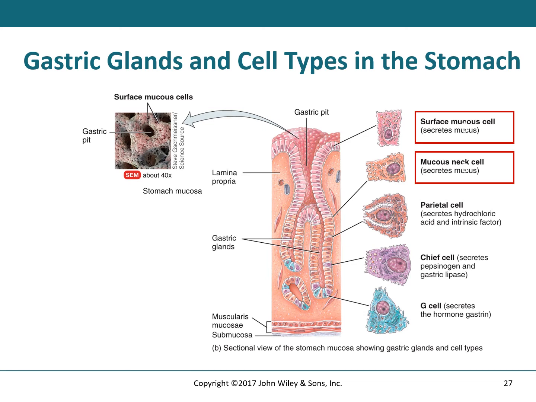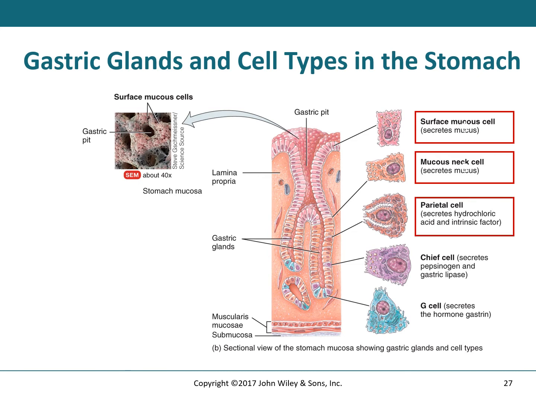So let's start with the cell types that are towards the surface of the gastric pits, and these secrete mucus. So you have two types. You have mucus or surface mucus cells and mucus neck cells, right? And so they're just going deeper and deeper into these gastric pits.